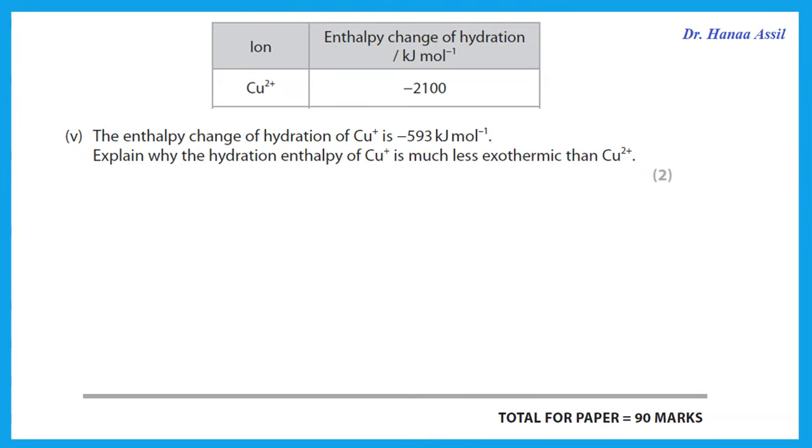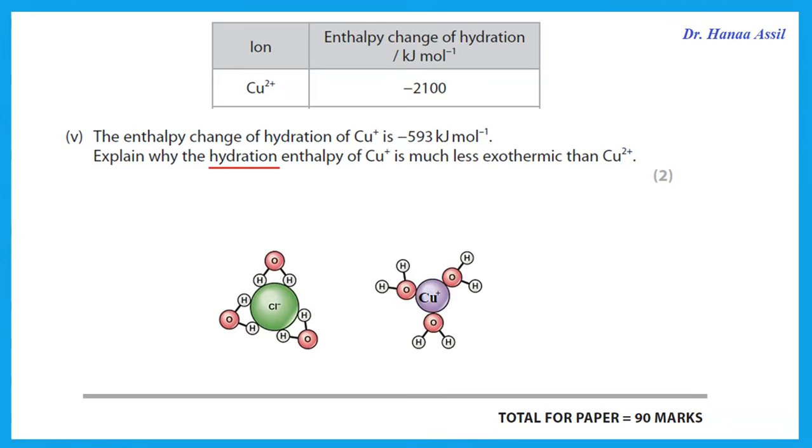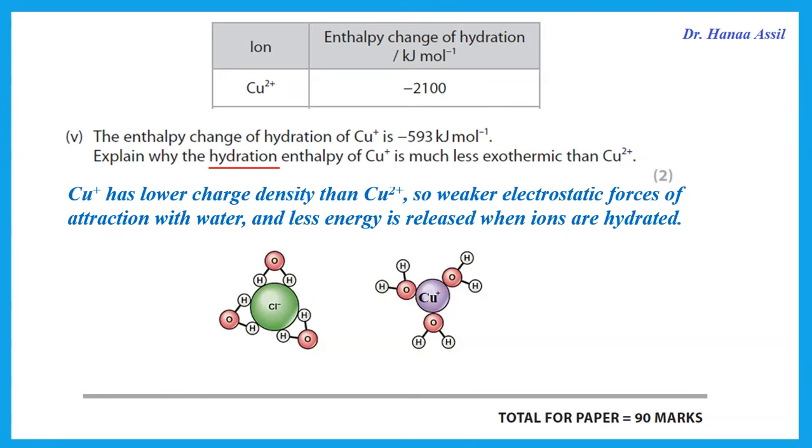Well, remember that hydration means the interaction between the ions and the water, and the stronger the interaction, the more exothermic the delta H of hydration. So the copper plus 1 is less exothermic because it has a lower charge density than the copper 2 plus, so weaker electrostatic forces of attraction with the water, so less energy is released when the ions are hydrated.